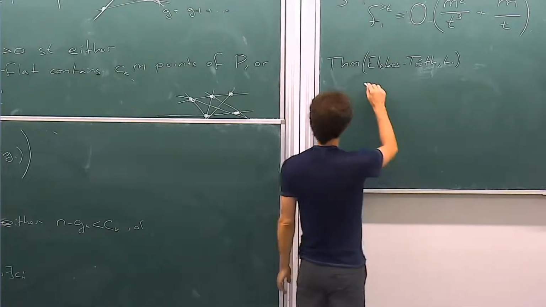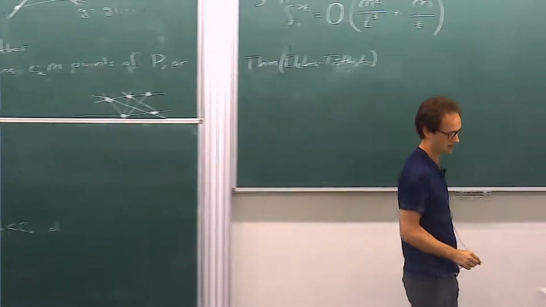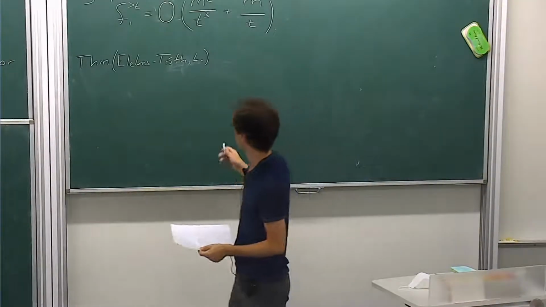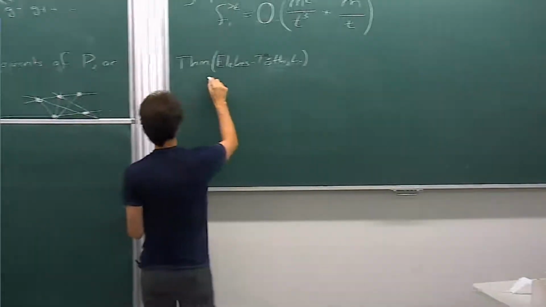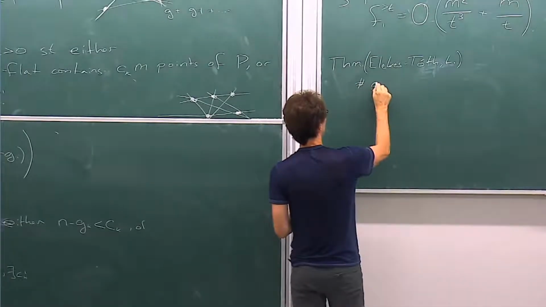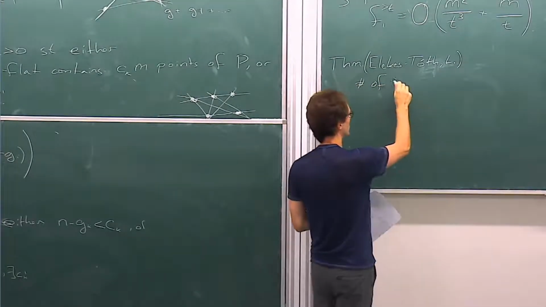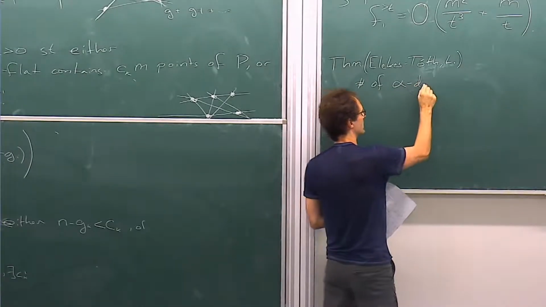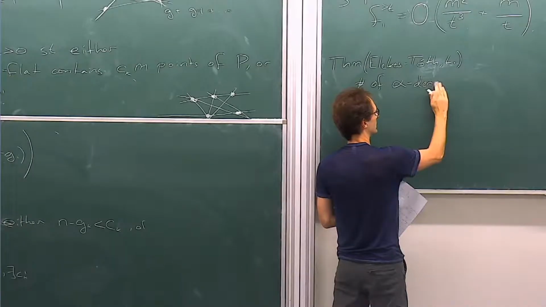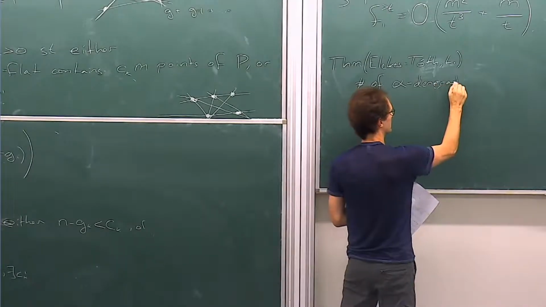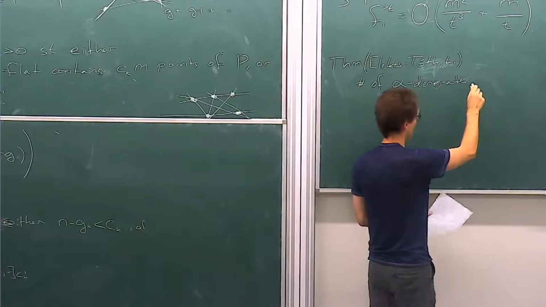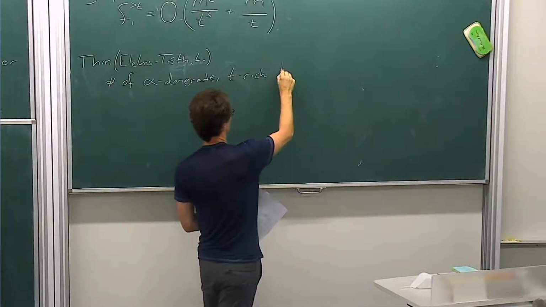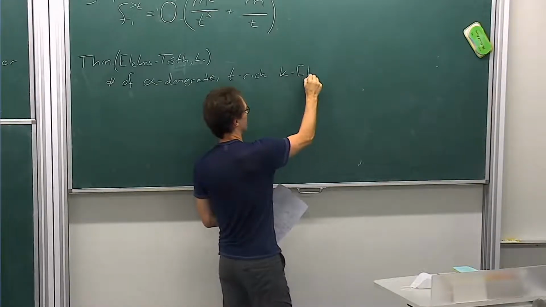Okay, so the number of, now I'll use a term that I haven't defined yet, I'll go ahead and define it after writing the theorem: alpha-degenerate t-rich k-flats.